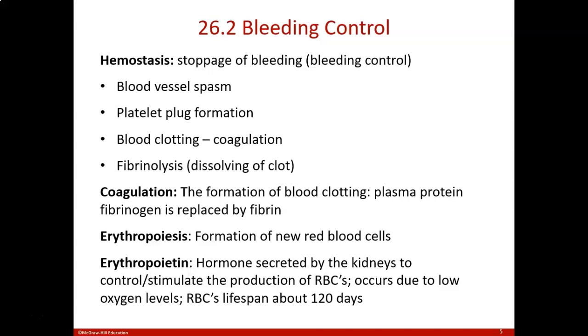And so the word coagulation is actually referring to the formation of a blood clot, where that plasma protein fibrinogen is replaced by fibrin. So first we get a platelet plug that's very rapid and very quick. And then within 15 seconds, we start having the blood clotting process occur.